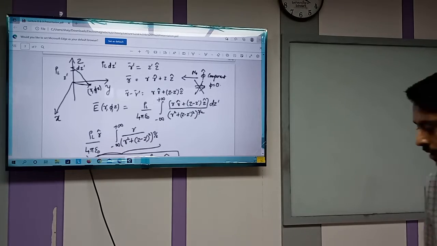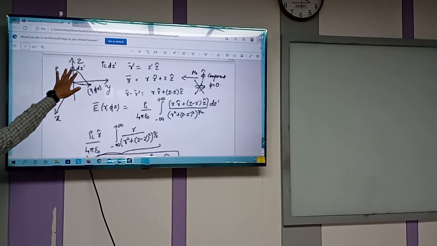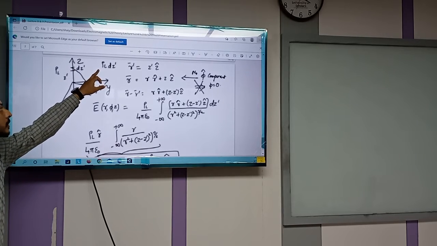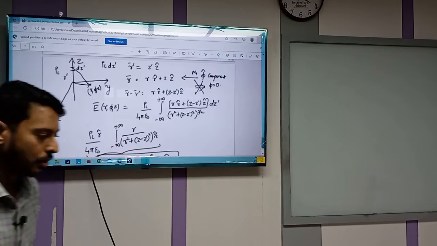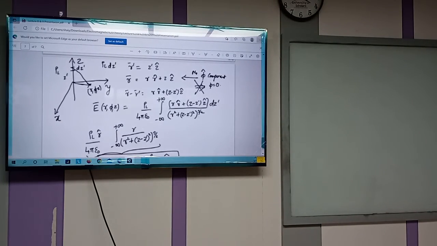And let's say the density of charge present here is rho L, which is along the z-axis, going all the way from positive infinity to negative infinity.